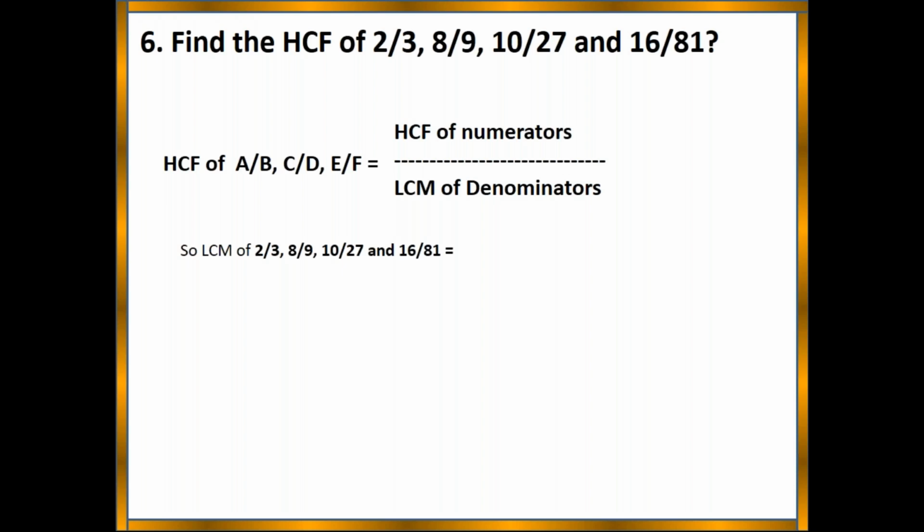So in the given numbers 2 by 3, 8 by 9, 10 by 27, 16 by 81, the numerators are 2, 8, 10, 16.